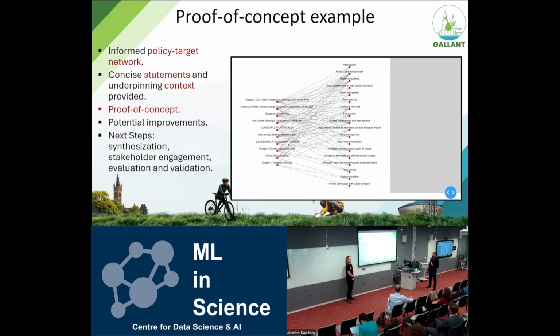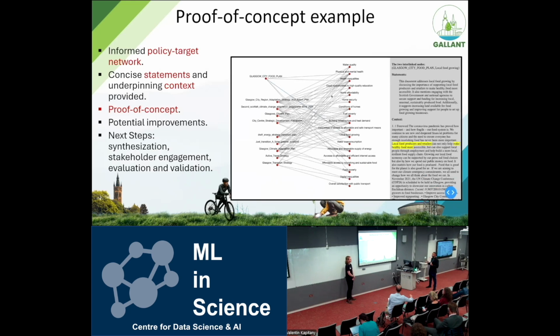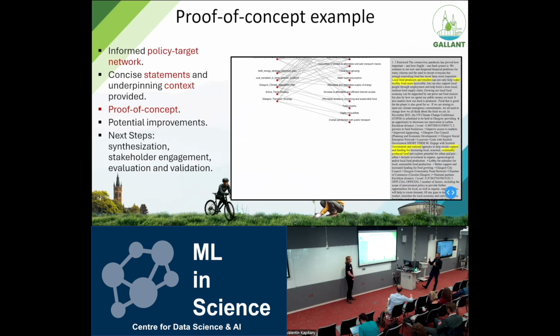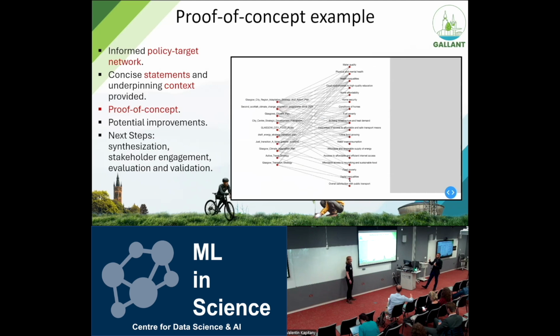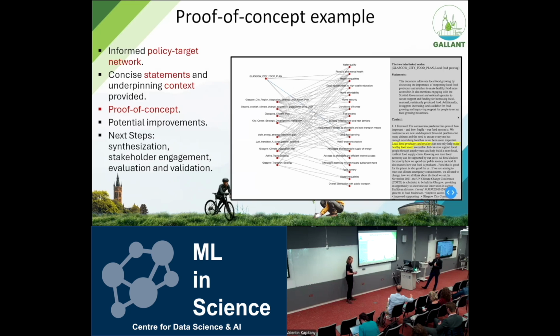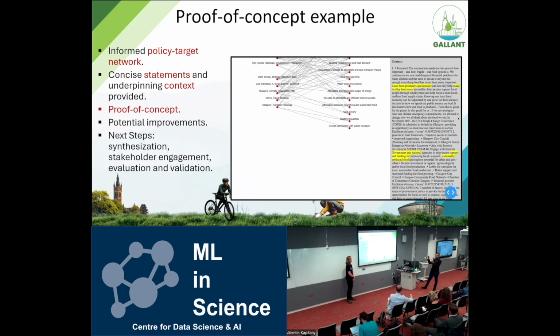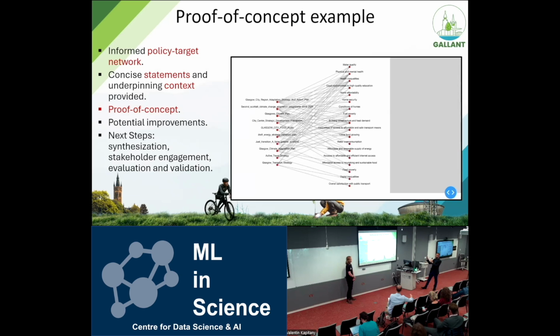So one of the outputs of this prototype is how related the policy action is to the target, and that also can be done by leveraging the embedding model. So we measure the distance between the two chunks of data, the qualitative data from the policy action and the qualitative data from the targets.